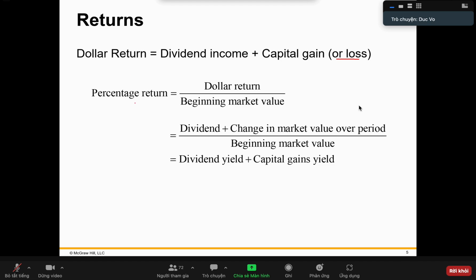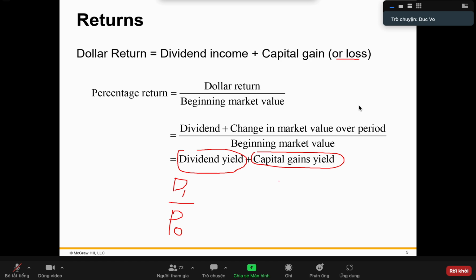The percentage return will be equal to the dollar return divided by the beginning market value. And if you decompose it, it becomes the dividend yield and the capital gain yield, right? The dividend yield is the dividend for this year divided by the current price, P0.